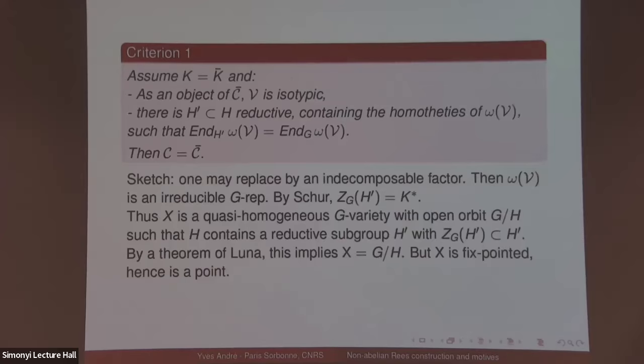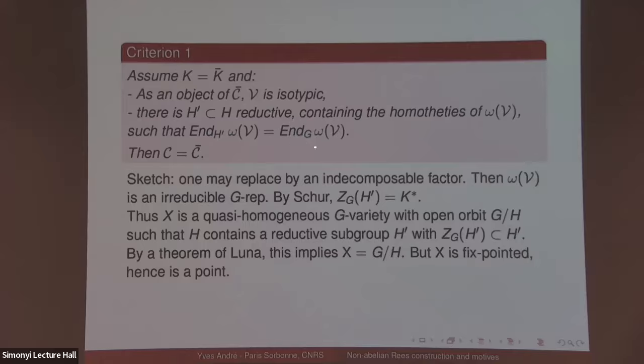If you think of C bar as a category of representations of G, this corresponds to an isotypic representation of G. And the second condition is that there is a certain reductive subgroup H dash of H, which contains the image of the realization of this object, such that the endomorphisms commuting with H dash are the same as the endomorphisms commuting with G. Not for all objects of C, but just for this particular object.